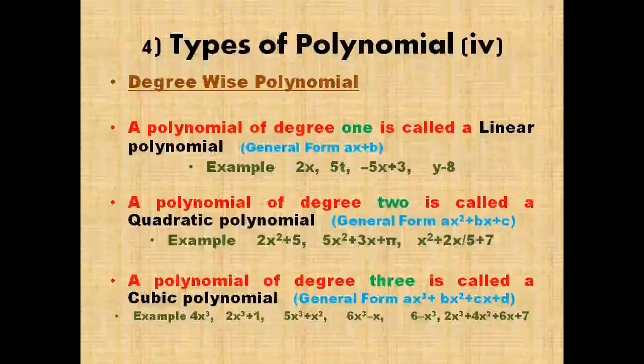Next, how can we segregate the polynomial degree wise? We studied monomial, binomial, trinomial for term wise. Now, degree means the highest power of the variable. If for any polynomial its degree is 1, that polynomial is called a linear polynomial.